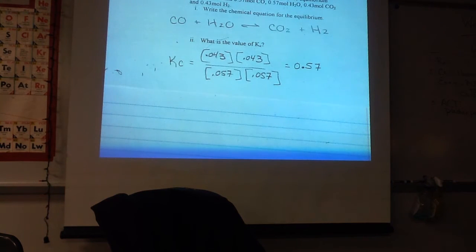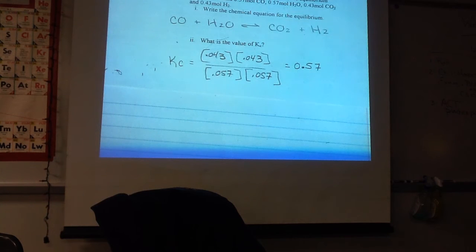Gordon: Does that mean the lower the K value, the slower the rate? No, and this is not rate. This is how much product exists compared to reactant at equilibrium. It's not about rate. That's a very good question. Did you hear what he said? If you have a really low K, does it mean it's a slow reaction?